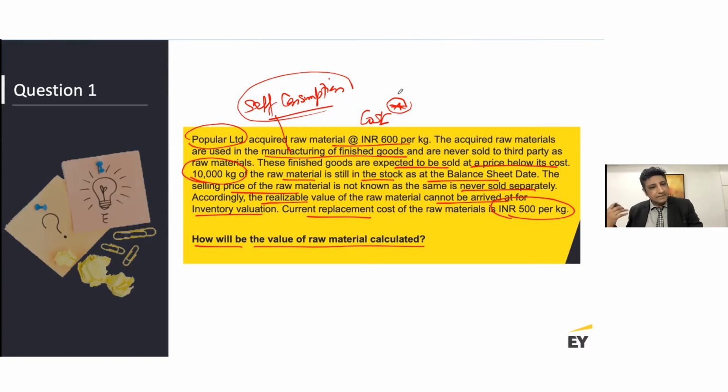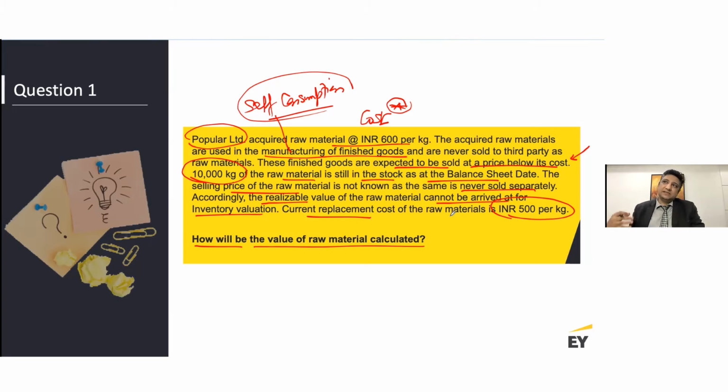The prudence concept comes in here, of course. And in this scenario, since the finished goods are being sold at a price below the cost, the raw materials as well will be measured at the net realizable value.